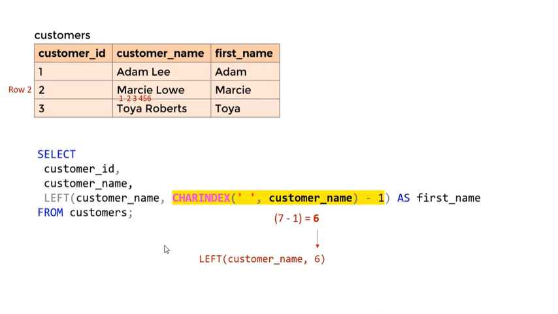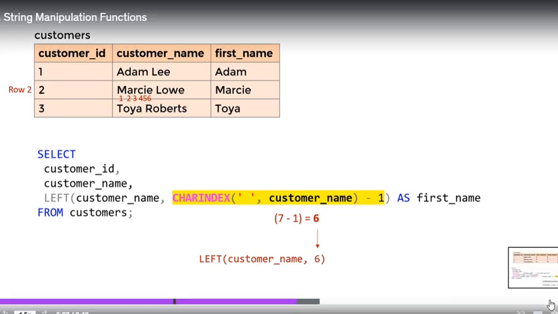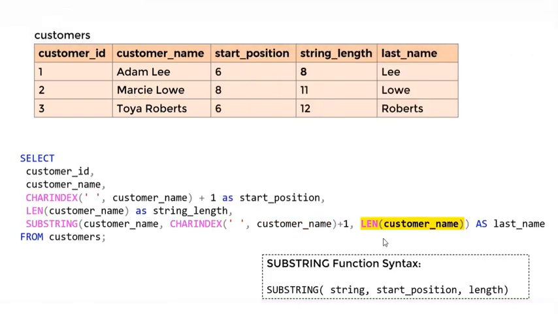So I have to extract up to before the space, right? So by using left and substring you can separate last name and first name. If they ask, just by using the left function you can separate the first name, and by using the substring function you can separate the last name, right? Just remember the query: left function, substring function.